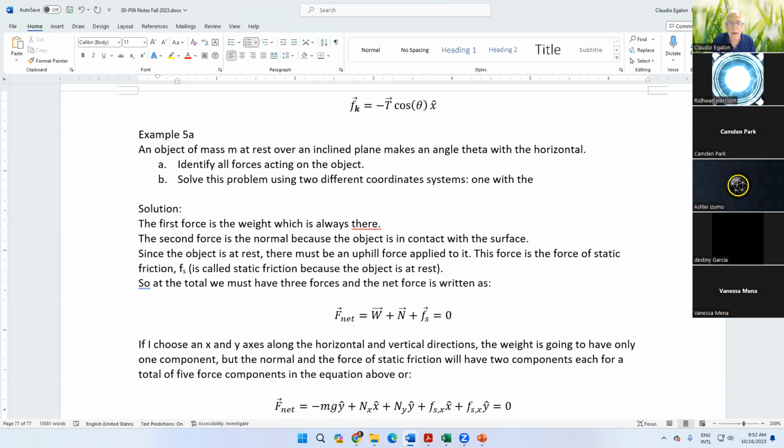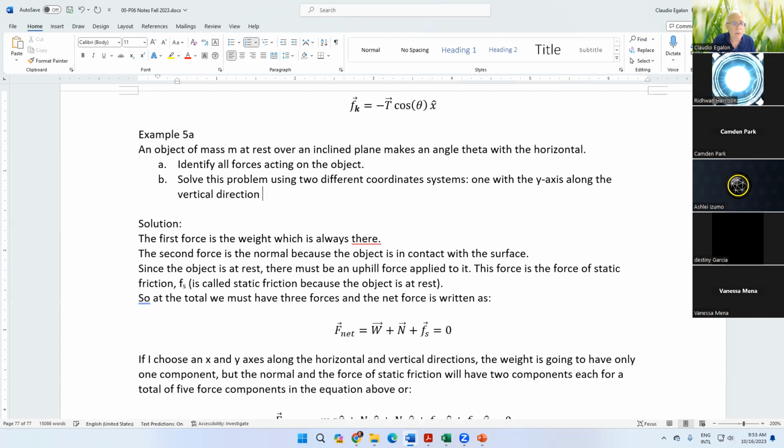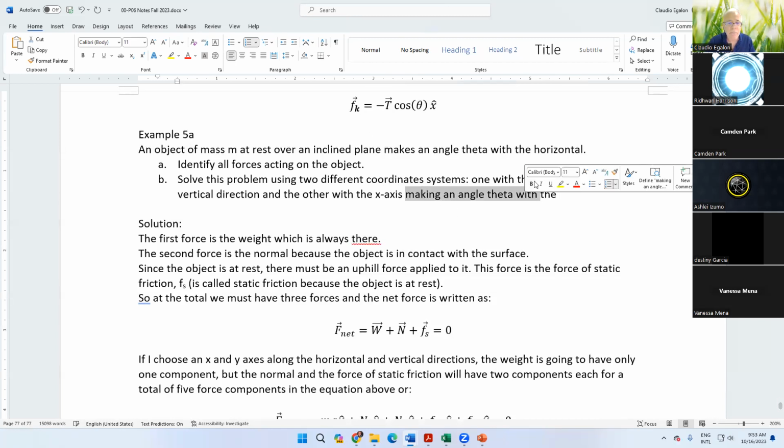One with the x-axis along the horizontal direction and the y-axis along the vertical direction, and the other with the x-axis parallel to the inclined plane.